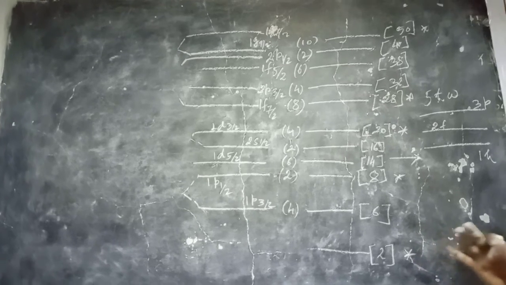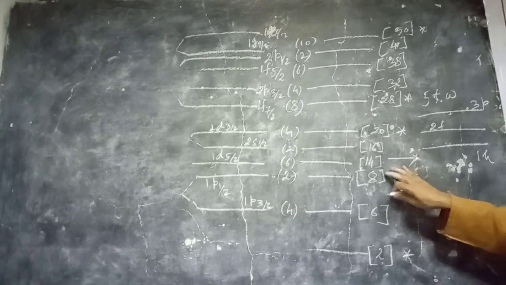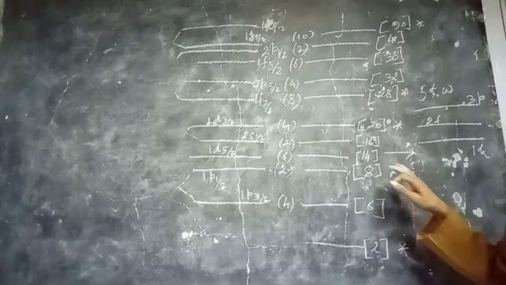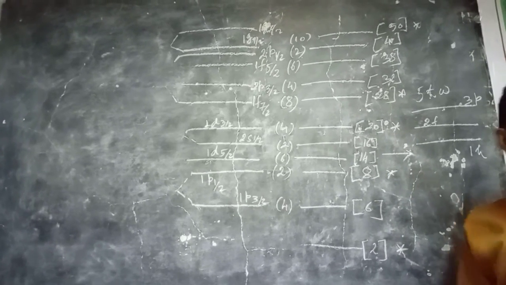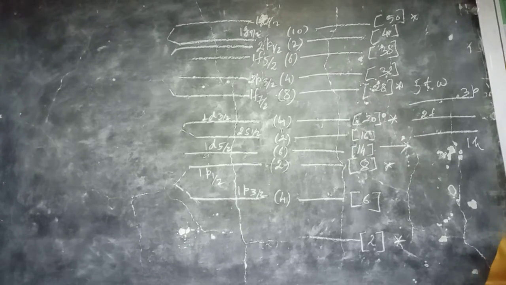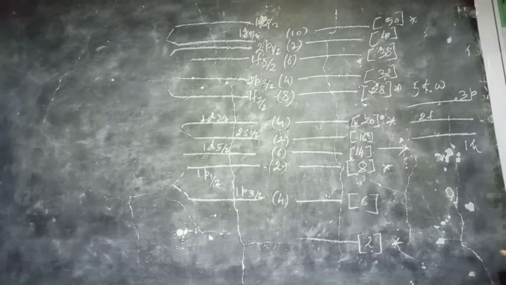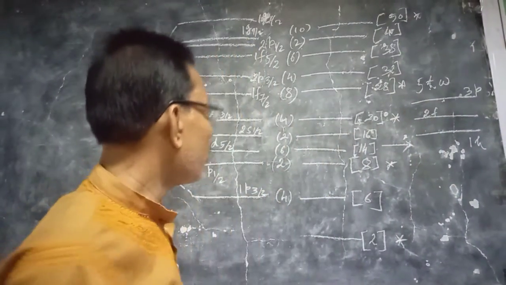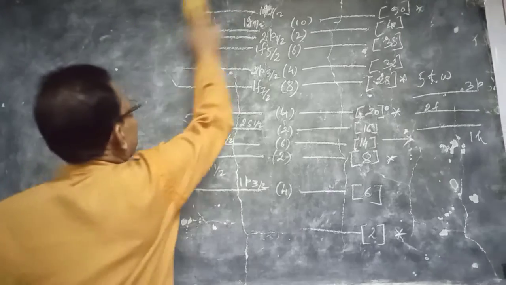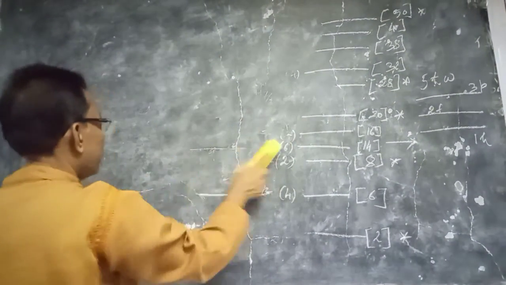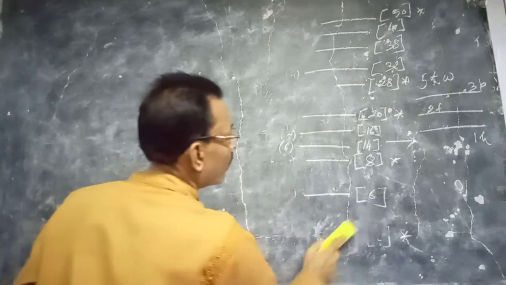There is no exception to this rule. Now, when another proton or neutron is added, the ground state spin and parity of that nucleus will be completely determined by that single unpaired nucleon. Okay. Now, there are certain rules to find the ground state spin and parity of the nucleus.